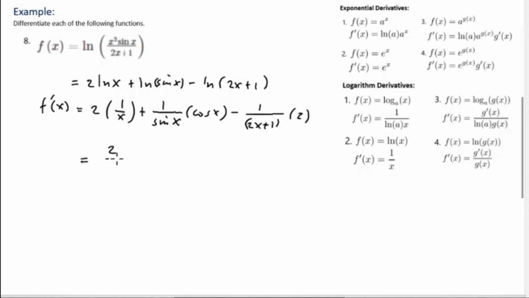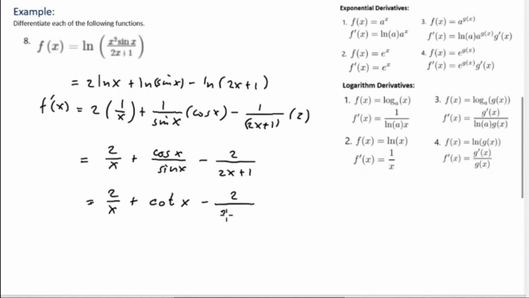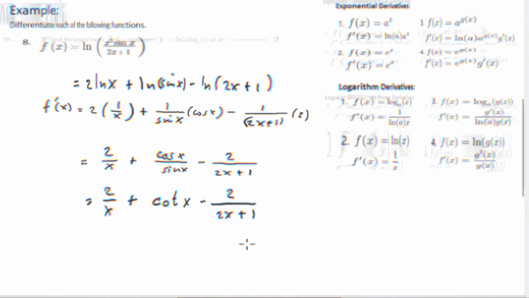So this is 2 over x plus cosine x all over sine x minus 2 over 2x plus 1, and based on identities, cosine x over sine x is equal to cotangent x. So the answer is 2 over x plus cotangent x minus 2 all over 2x plus 1, and this is the derivative.